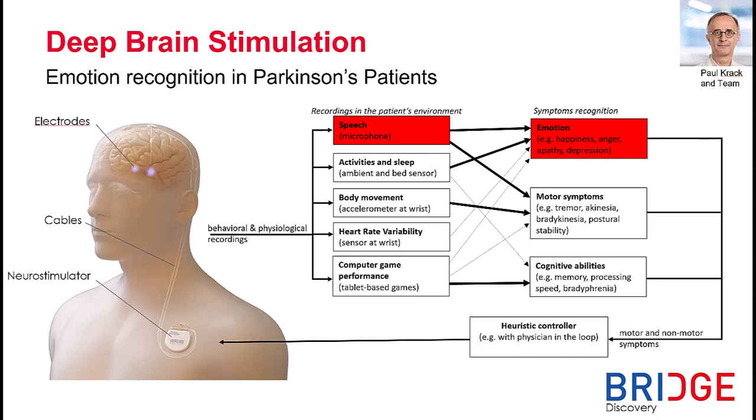A specific focus of this project is on emotion that is extracted from speech, because this is rather novel to the field. And here in the long term, we would like to use this information to better control the neurostimulator. So how do we do that?